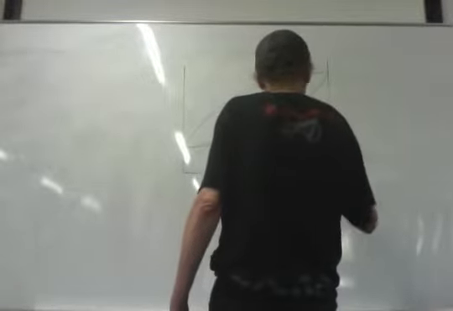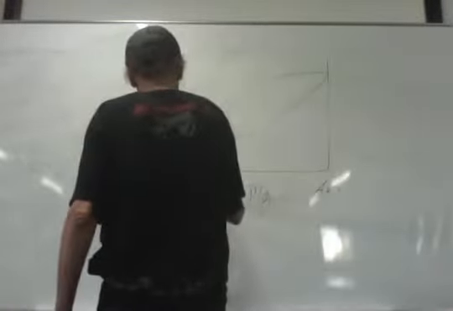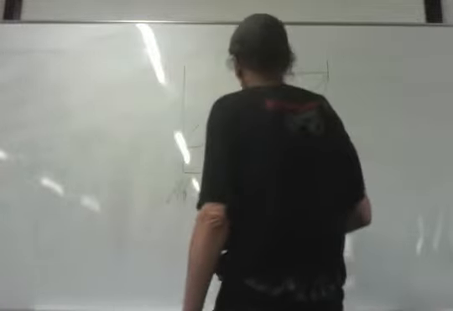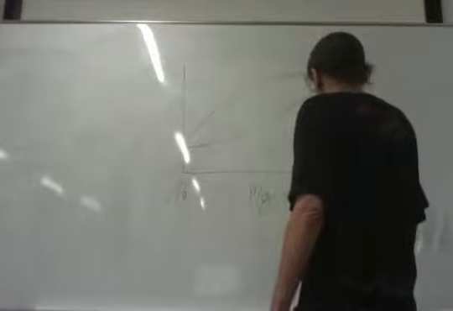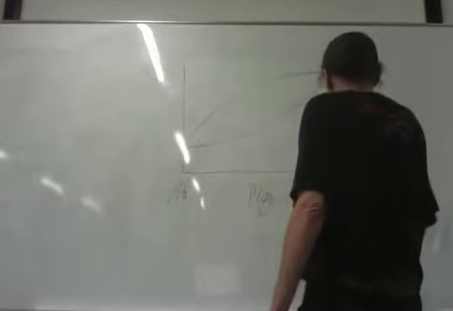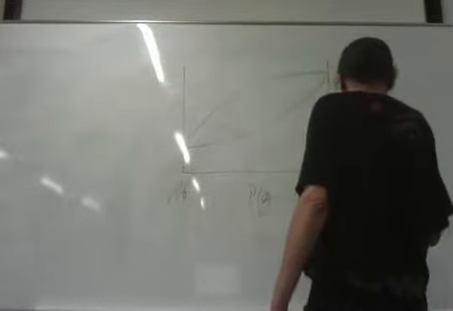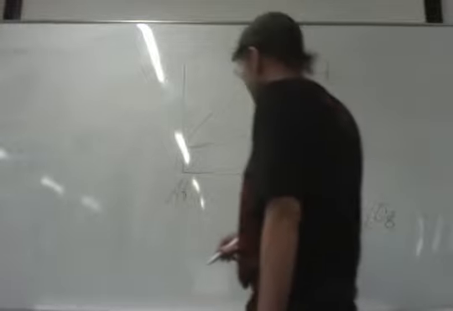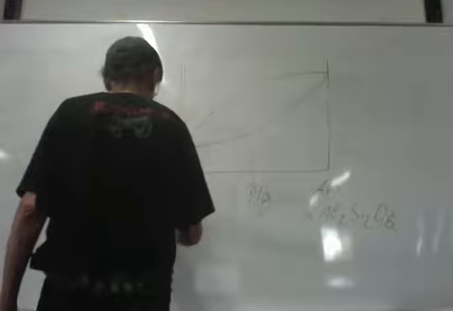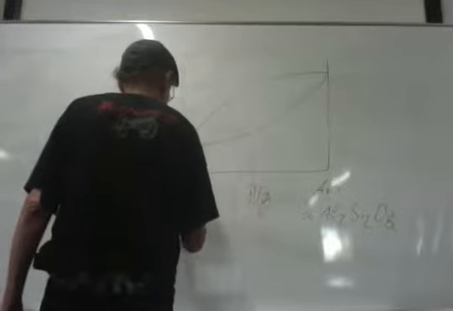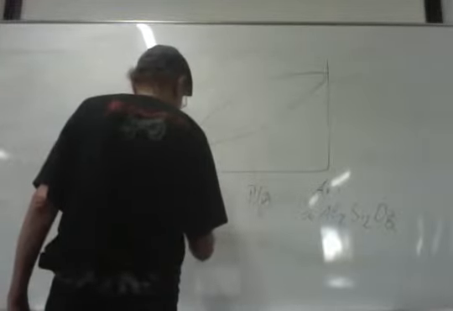You have here the anorthite, here you have the albite, and the anorthite is the calcium-rich end member, CaAl2Si2O8, and the albite is the sodium-rich end member, NaAlSi3O8.